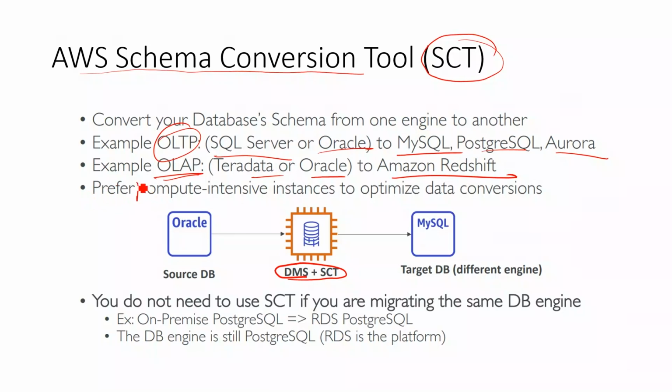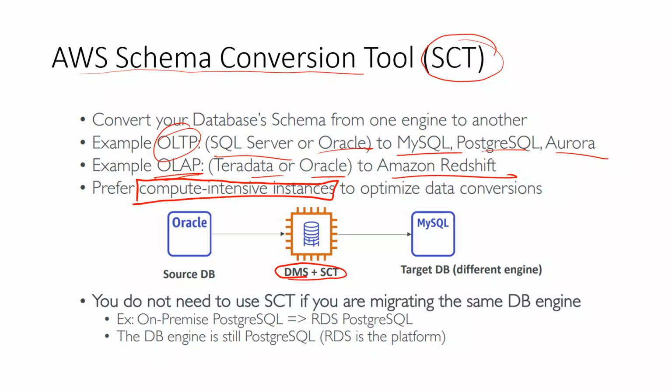If you remember our EC2 lecture, I told you that when it comes to computationally intensive tasks which require a lot of processing power, you have to go for the compute optimized family, right? You will get more cores and more processors, so that these conversions, which involve a lot of computation, will be handled seamlessly. I hope that makes sense.